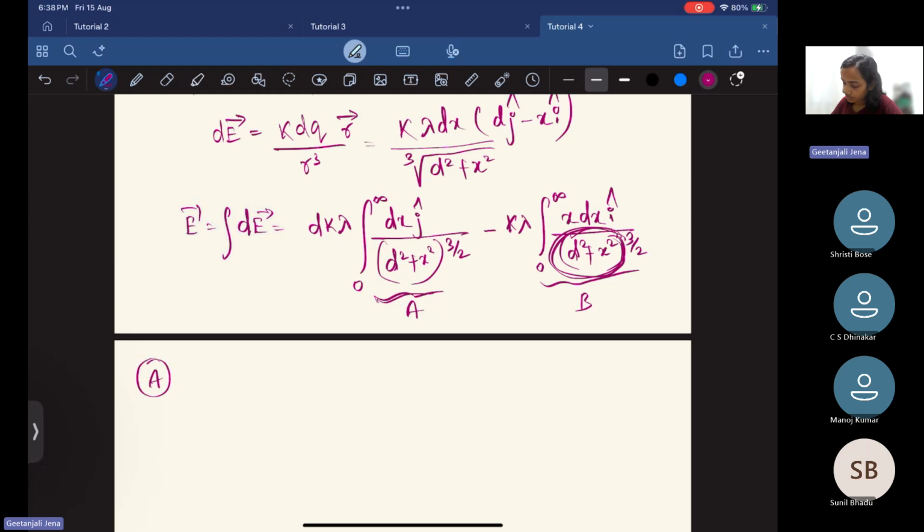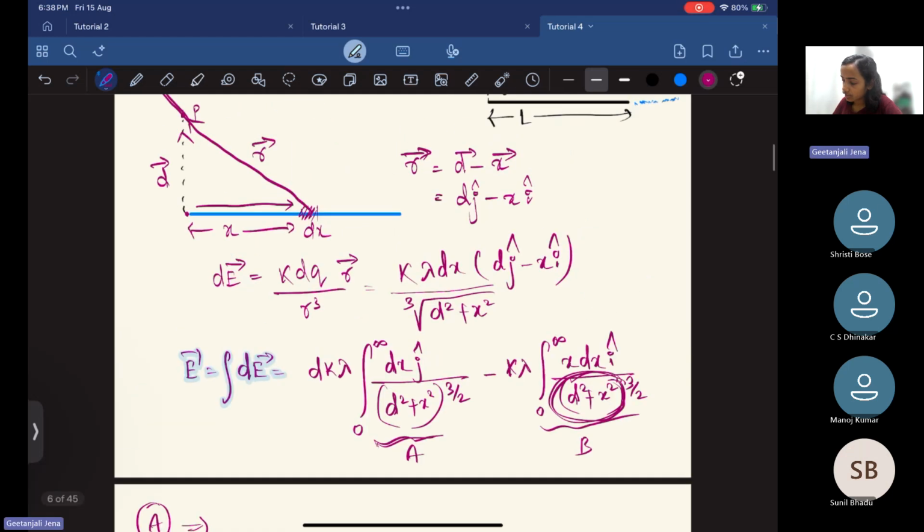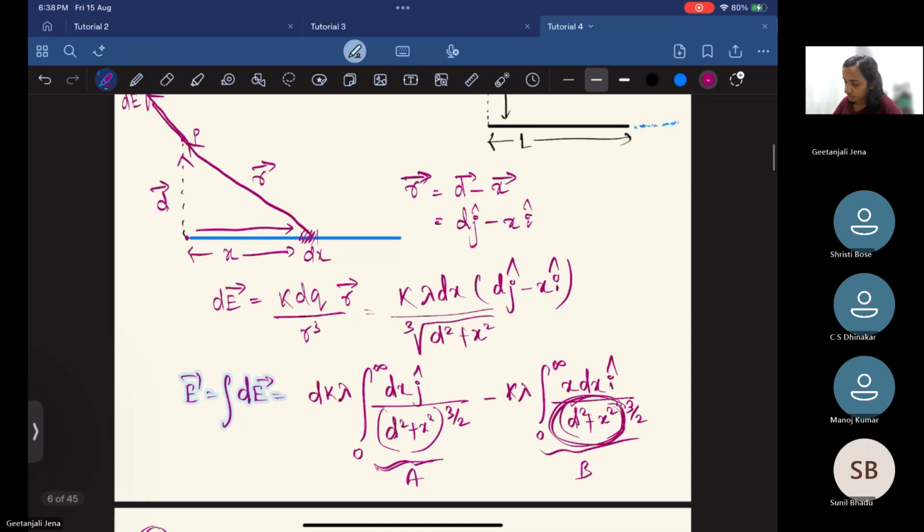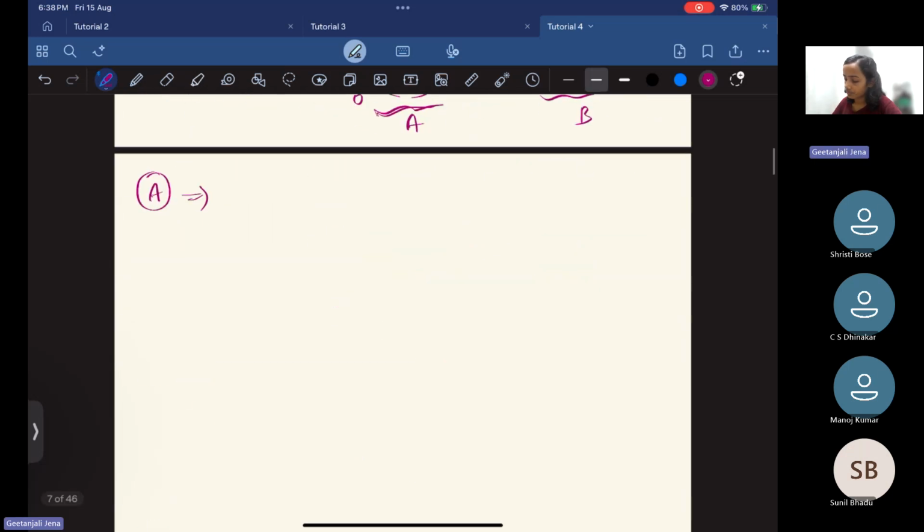For A, if you see the figure, let me take this as theta. So tan theta will be x by d. So x is d tan theta.